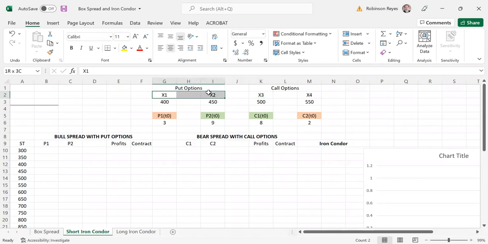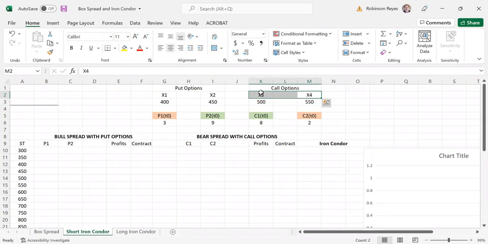We would need X1 and X2 for the bull spread, and then we will need X2 and X3 for the bear spread. Now, when we are forming an iron condor, instead of having three different call options, we're having four call options. So we will form the bull spread with X1 and X2, and we will form the bear spread with X3 and X4.